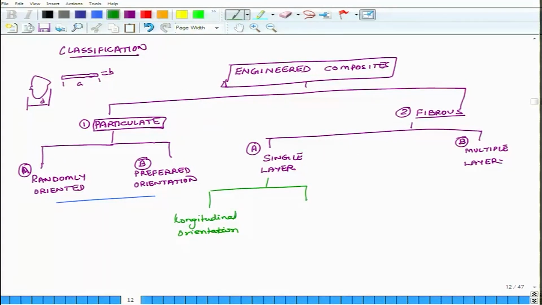That the fiber is aligned along the length of the composite, and the other one is bidirectional. Actually, maybe a better word would be unidirectional, and here it is bidirectional.